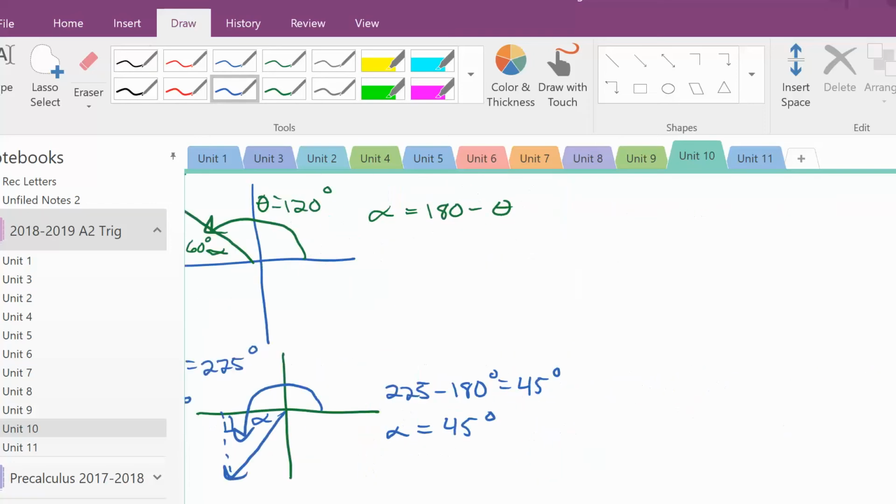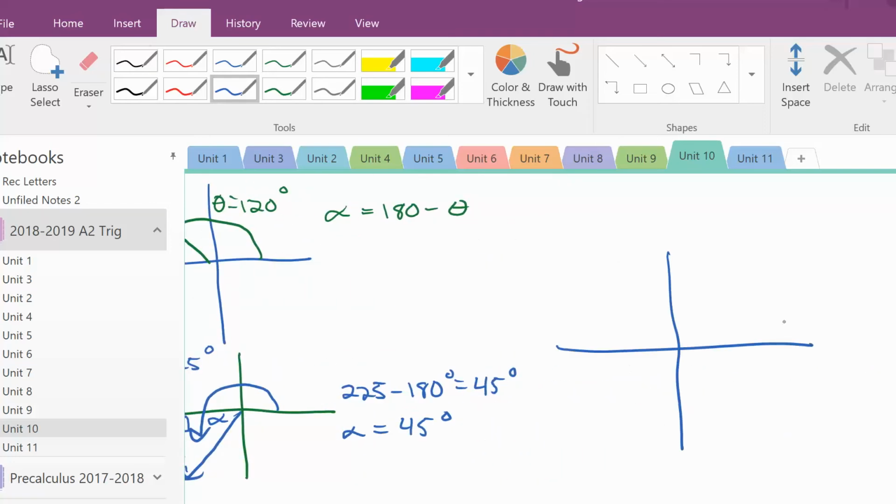And last but not least, in quadrant 4, let's say the angle went around to here. Let's say that was 330 degrees. So our reference angle would be here.